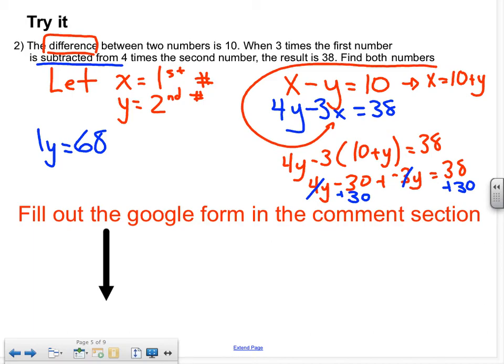And now I get 1y equals 68. I do not have to divide. I can plug in to find x, and x would be x minus 68 equals 10. Add 68 to both sides, and get x equals 70. Okay, so your two numbers here should be 68 and 70.